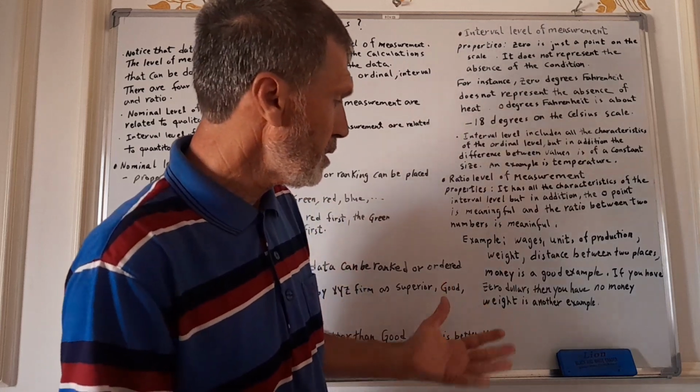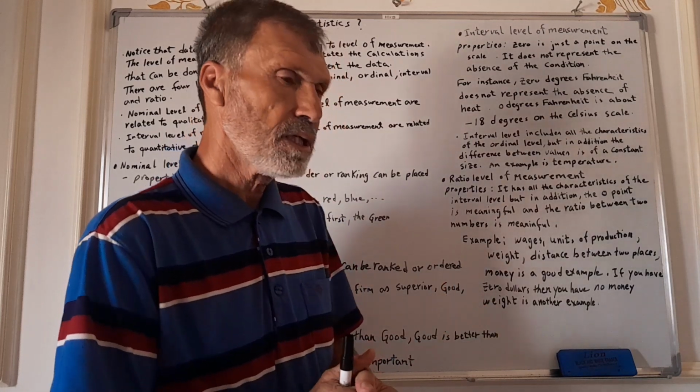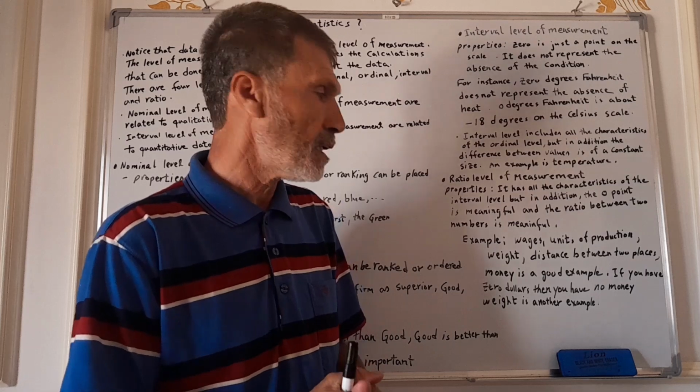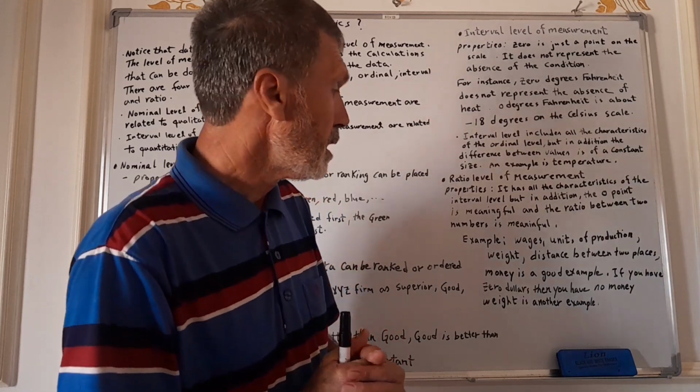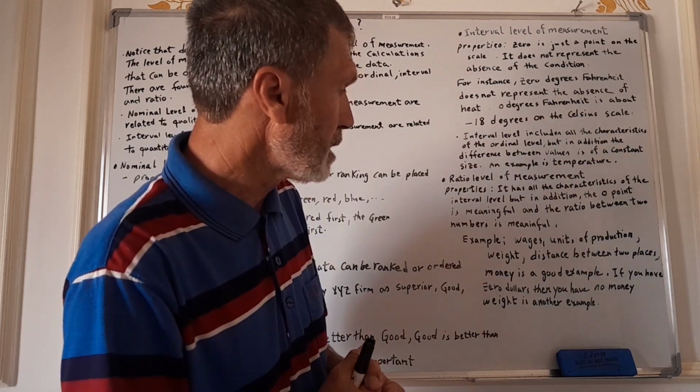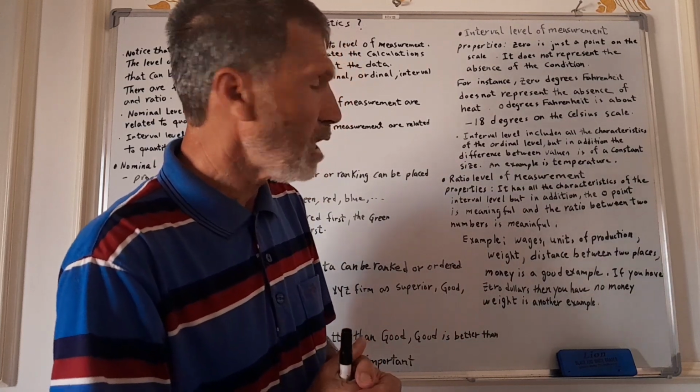So weight is another example of a ratio level of measurement. And of course, these are examples of the ratio level of measurement.